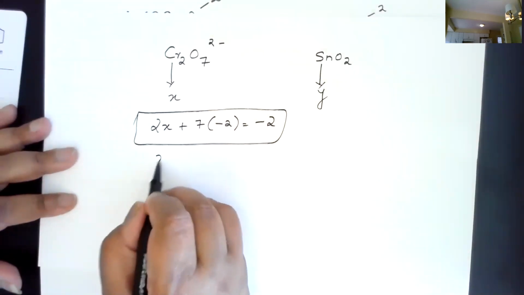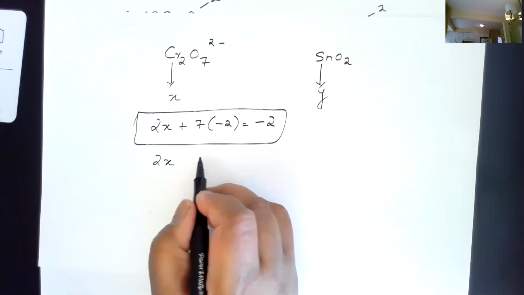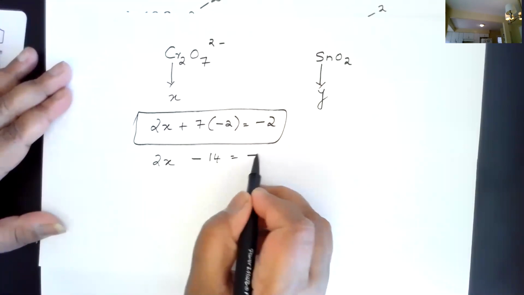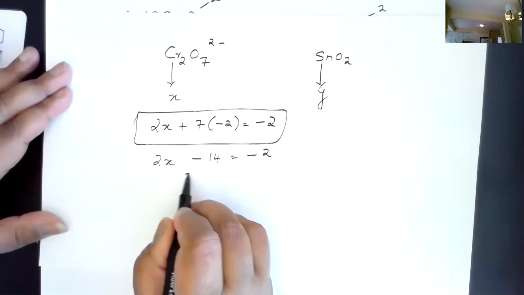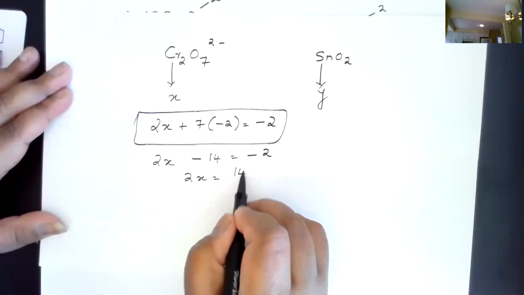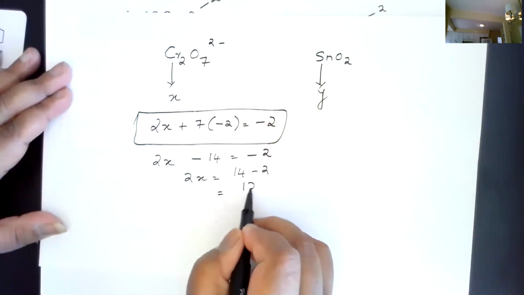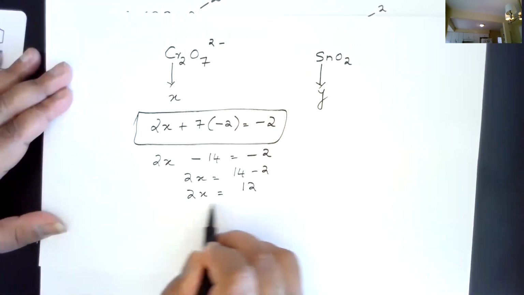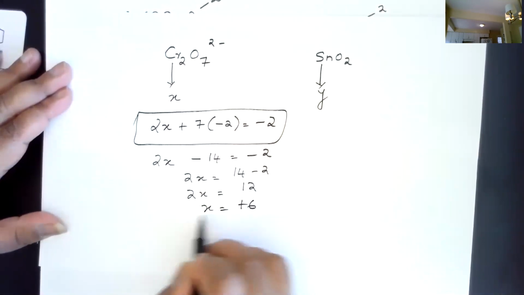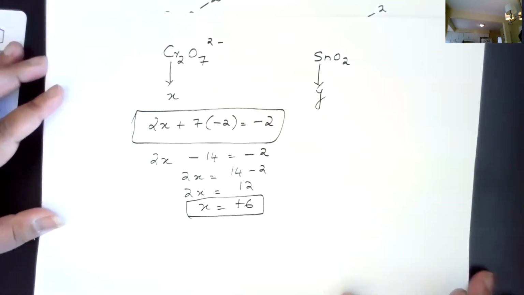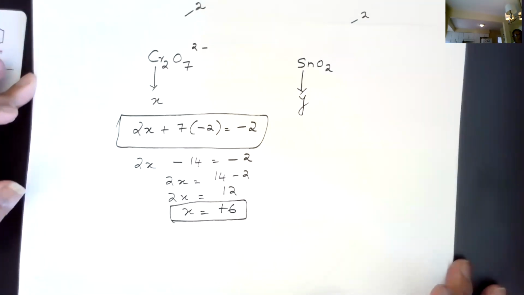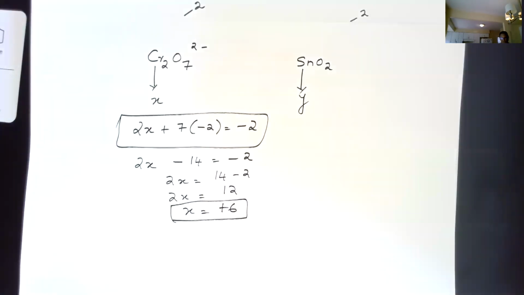Okay, then 2x minus 14 is -2. 2x is 14 minus 2, and so that's 12. 2x then is 12, x is +6. That's right. And remember, oxygen, for all the problems that we will do in this chapter, it's always -2. And hydrogen is +1. So the standard charges apply.